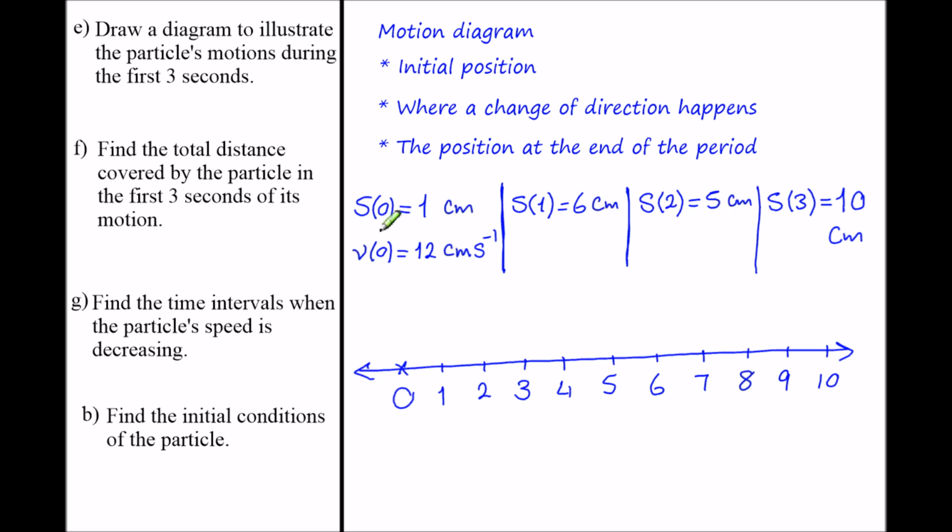Now at t equals 0, the object started its motion 1 centimeter to the right of the origin, and looking at the velocity here, it has a positive sign. That means the object was moving to the right. So at t equals 0, s was equal to 1. So the object started here and it was moving to the right.